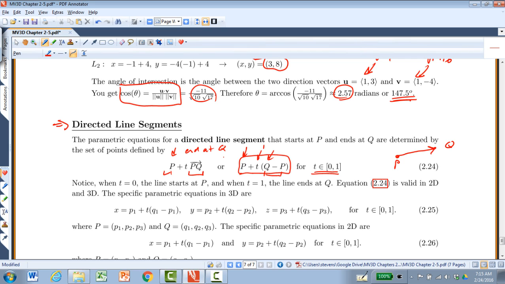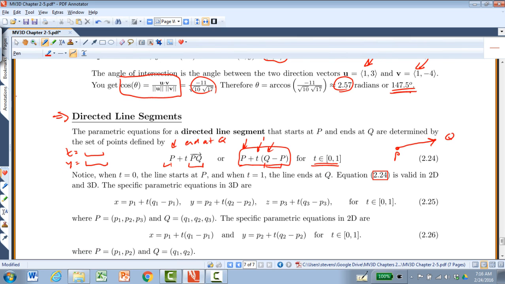But you don't really leave it in this form. You have to put it in parametric form, where you have x equals something and y equals something, and they both have t's in them.